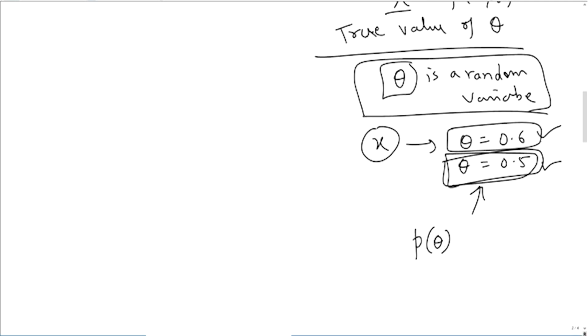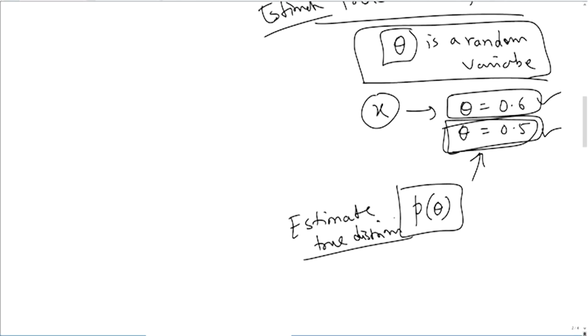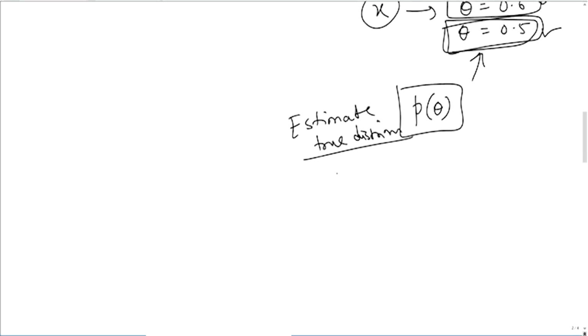So rather than saying that you want to estimate the true value of theta, what you would say now is that you want to estimate the true probability distribution of theta. So rather than estimating a point value, we are interested in a true distribution of theta.